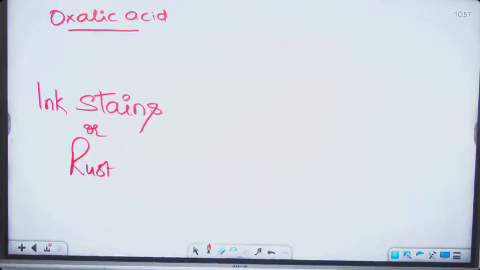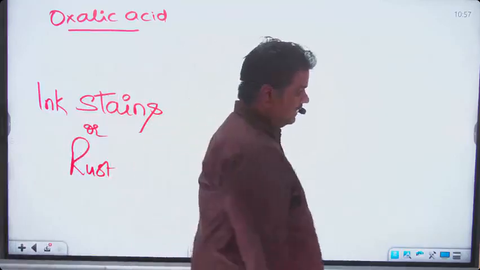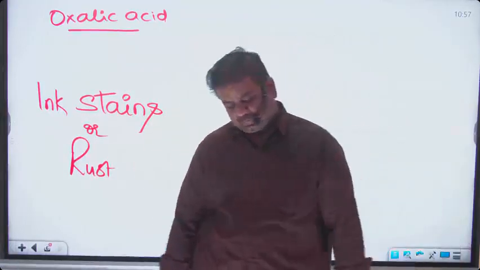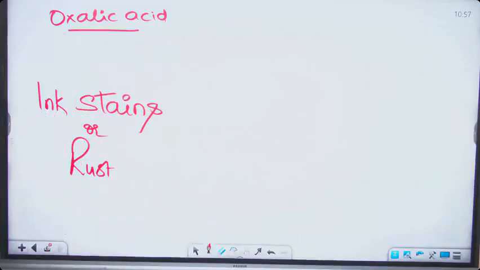Then acetic acid, the next one. Acetic acid is used as vinegar.